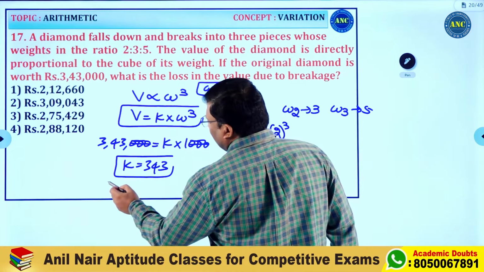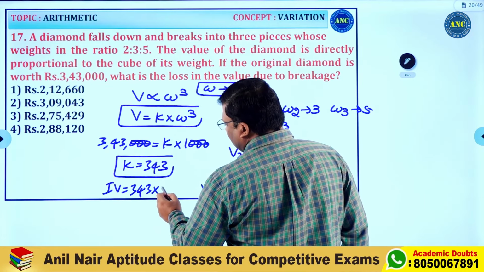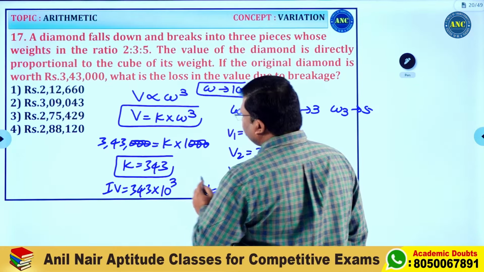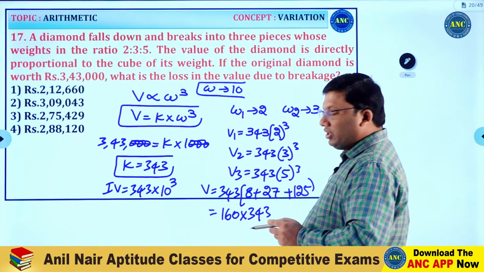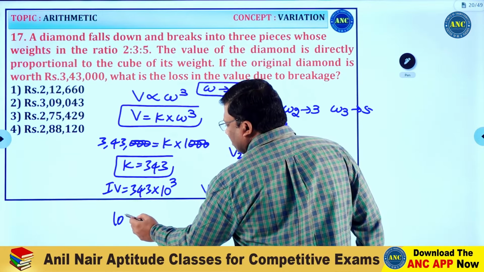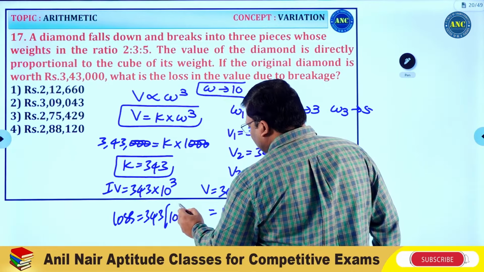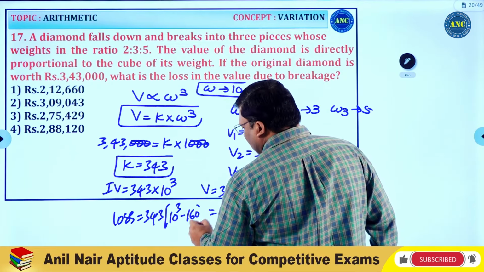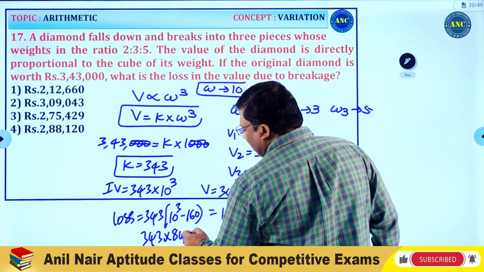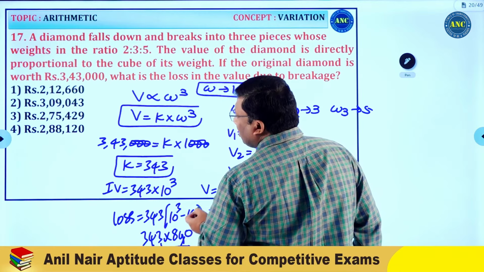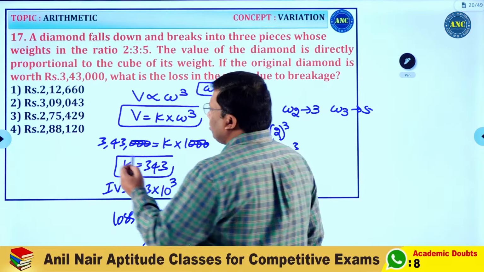Here the initial value is 343 into 10 cube. What is the loss? 1000 minus 160 is 840. Loss is 343 into 840. 3 4s are 12, so the rightmost non-zero digit should be 2.